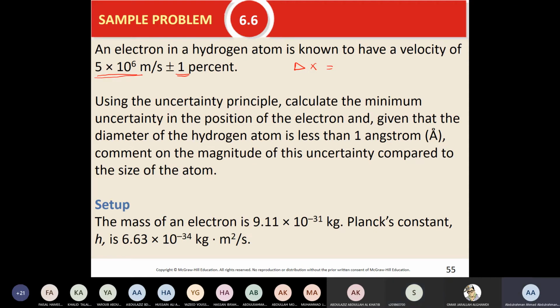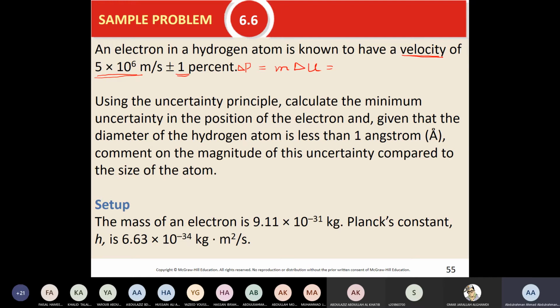Sorry, just a second. It has a velocity of this speed. So what's delta u? Because we know that p equals mass times u. The error in p is equal to the mass times the error delta u.